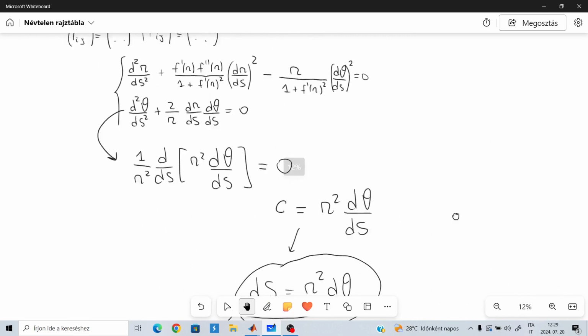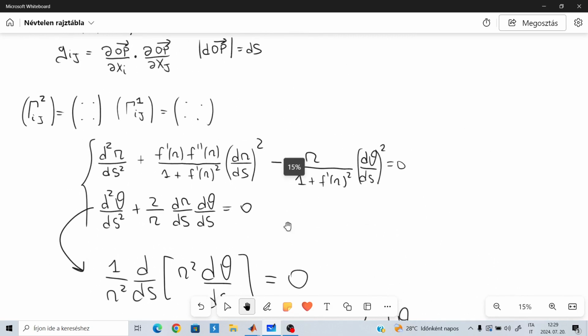Let me show you from the equations that we have here. dr over ds equal to 0 basically means that this object is 0, this one is 0, and you can see that this one here is 0 as well.